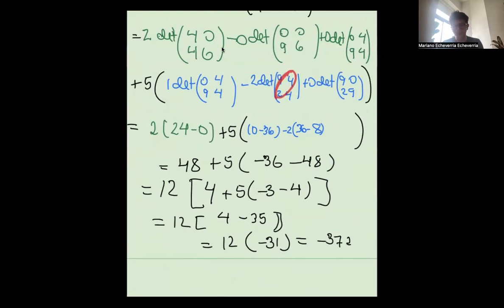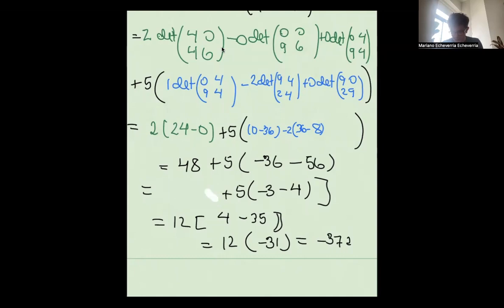This should have been 36 minus 8. So what is that? It's going to be a little bit uglier. This is going to be 28, right? And 28 times 2 is 56.